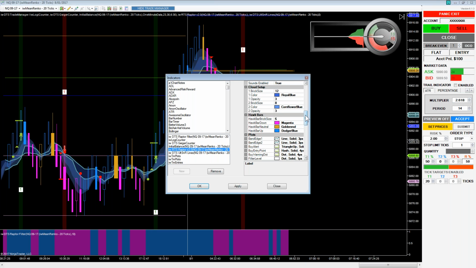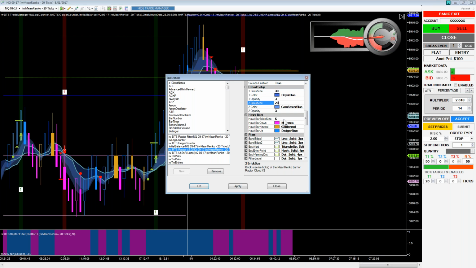So there's a loose relationship between the clouds. You can see that there's approximately a 1-to-1 and then a 1.5-to-1. So if we're going to maintain that relationship, we'll put 30 ticks in the big cloud, 20 ticks in the little cloud.